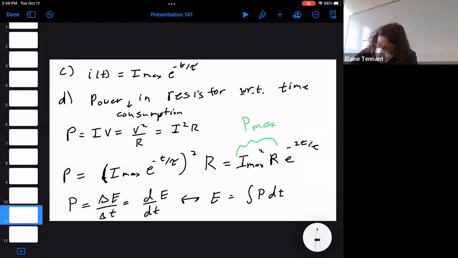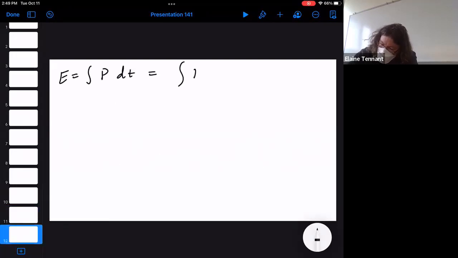Okay. So energy. Since we're integrating power, we'll just take whatever we have for power and plug it in. I max squared R e to the negative 2t over tau dt.